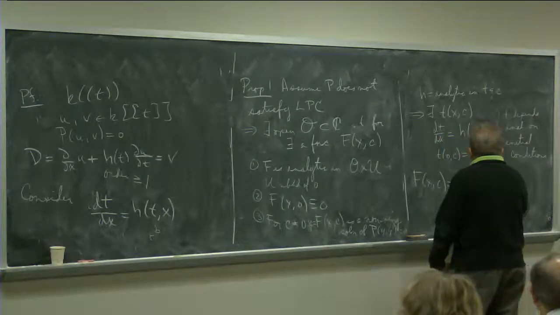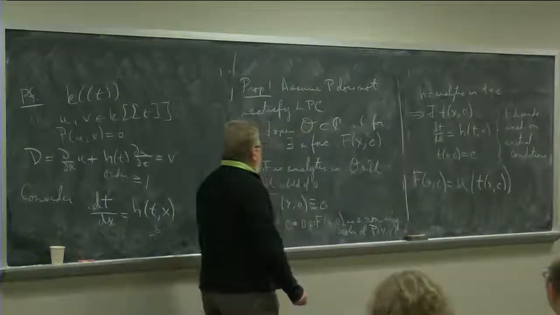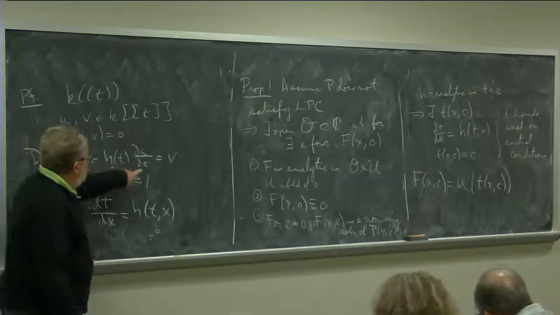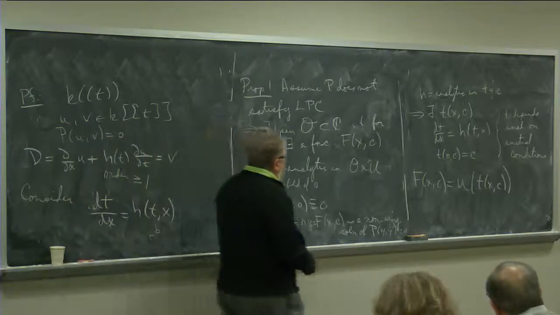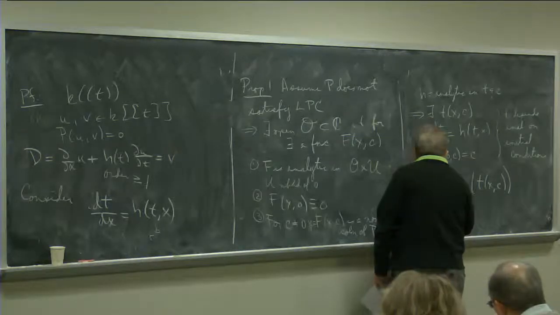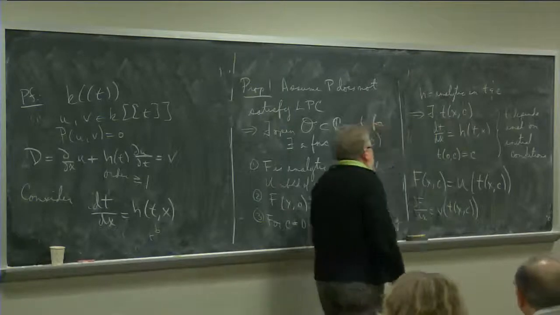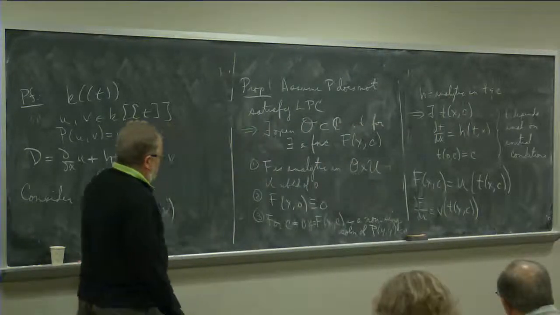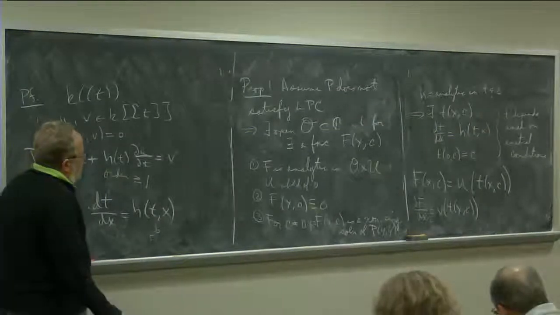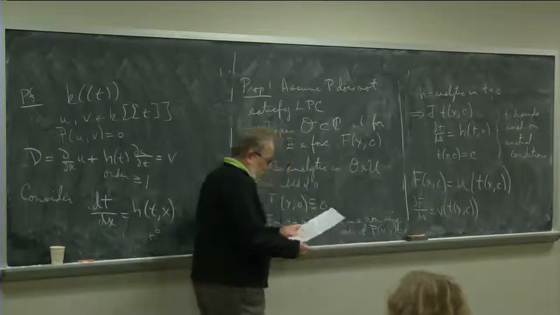Okay. So now I just look at u of t of x, c. And the derivative with respect to x of this new function is precisely v. df dx is v. See? And that's it. That's my solution. And this then satisfies the original equation.